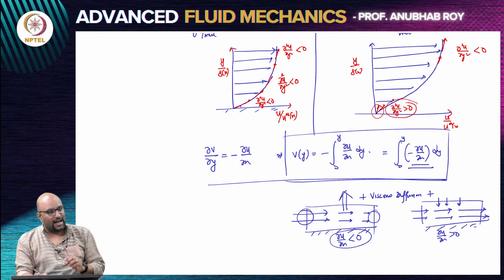So when you have an accelerating flow, the advection and diffusion are opposing each other. If you remember this, when we did Falkner-Skan and we did a flow that was u proportional to x, a velocity profile that was linear in x, what was the boundary layer thickness?